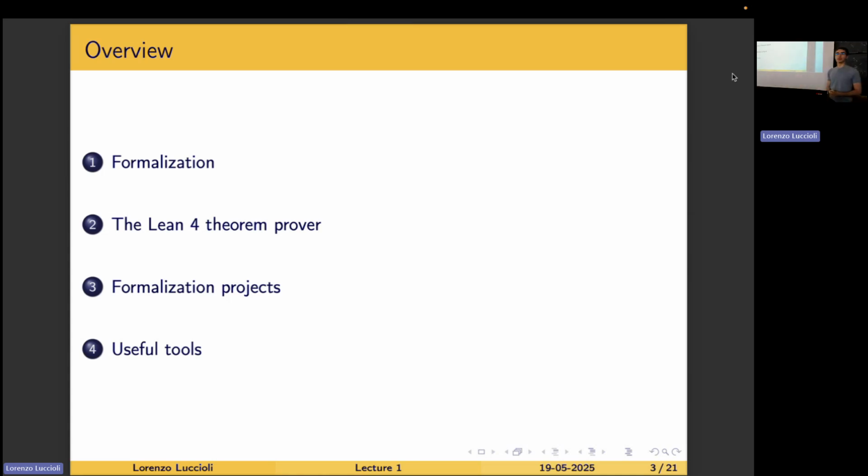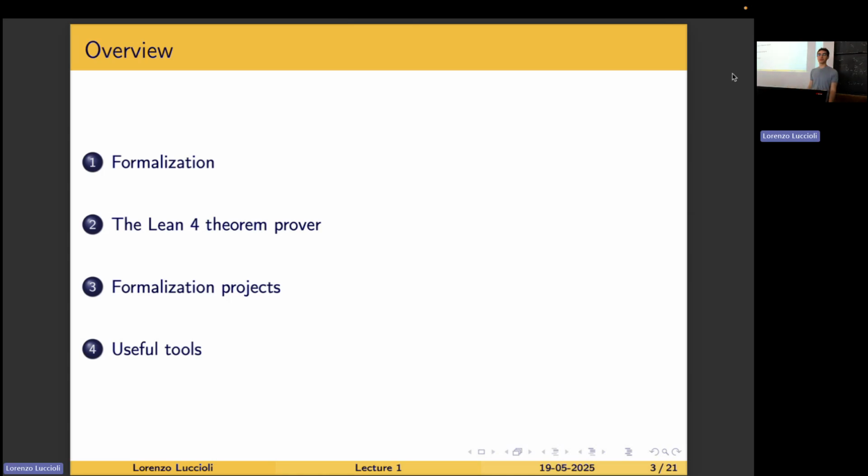So here are the topics we're going to talk about today. We're going to start with formalization, what it is, and why it is useful or interesting in some ways. Then the Lean 4 theorem prover, which is a specific tool to do formalization. There are others, but Lean 4 is the one that I use and which is more and more used through the mathematical community.